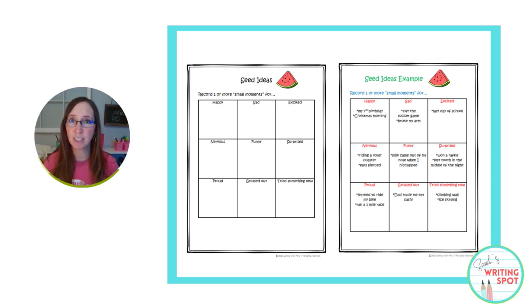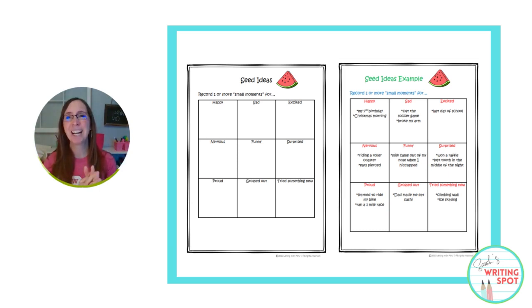Now, to get started, I like to use a graphic organizer like this one. This graphic organizer highlights about 9 strong emotions. You want to pick a story about a time that really made you super happy, or even sad, or really exciting or surprising, or when you were really grossed out.